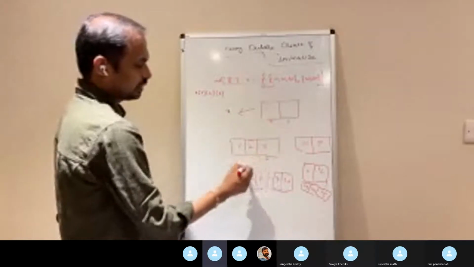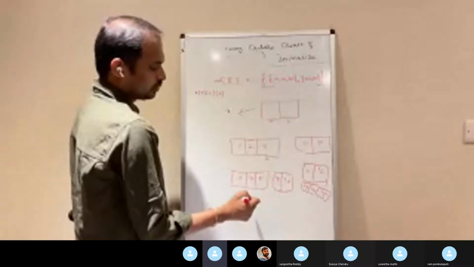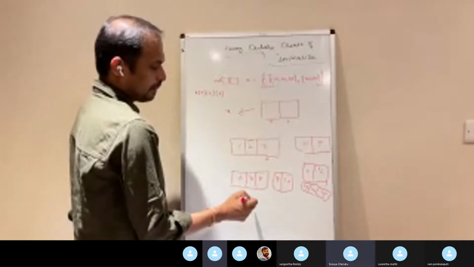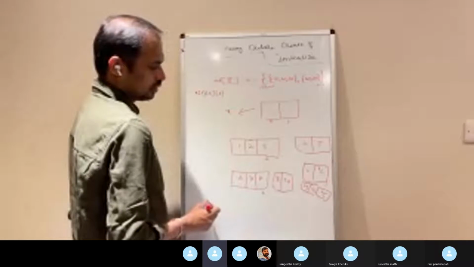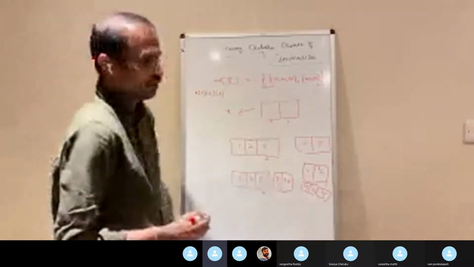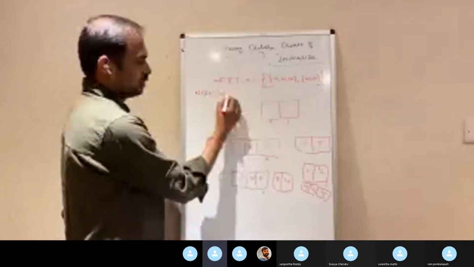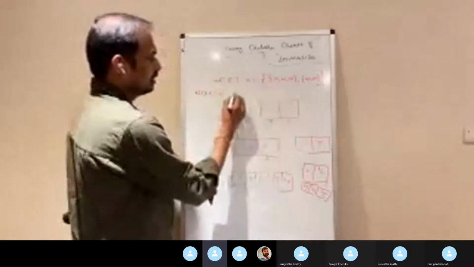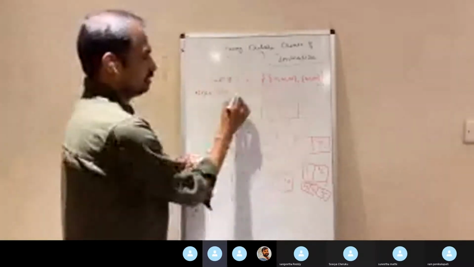What is the value of 2 of 2? 0, 1, 2, right? Is that right? Can you understand?